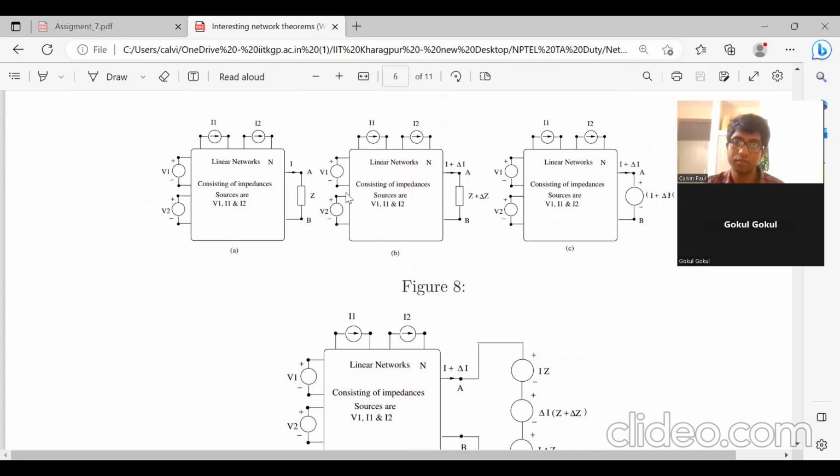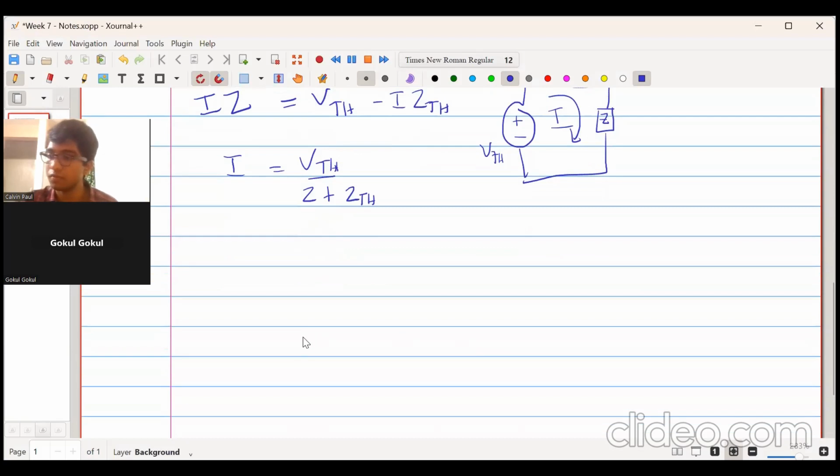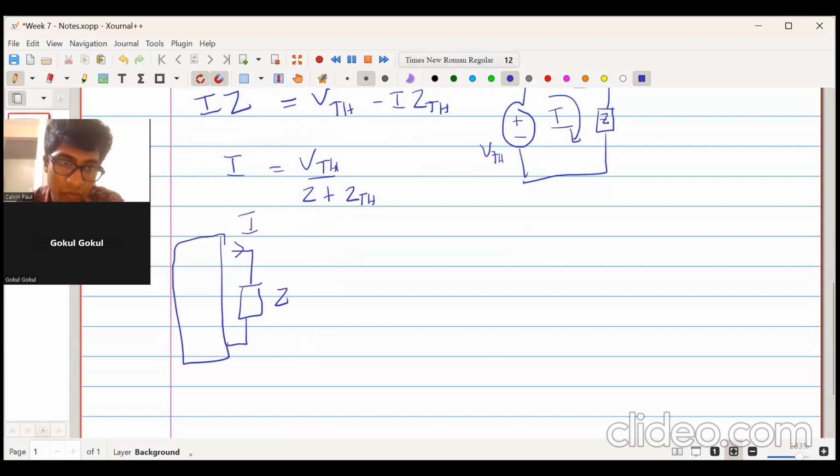Now in this new network, there's I plus delta I flowing and Z plus delta Z. So what we can do is replace this impedance Z plus delta Z by a voltage source I plus delta I into Z plus delta Z. There was Z over here, which was carrying current I, and there was some network.